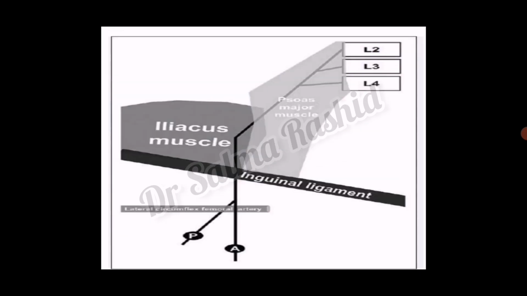And in this diagram you can see femoral nerve after arising from L2, L3 and L4 passes directly through the psoas major muscle and gives branches to psoas major muscle and then iliacus muscle and then enters into the thigh after passing under the inguinal ligament.